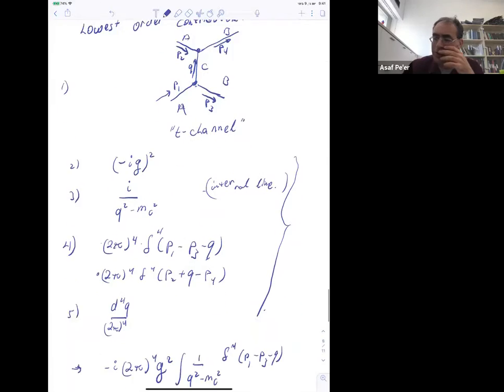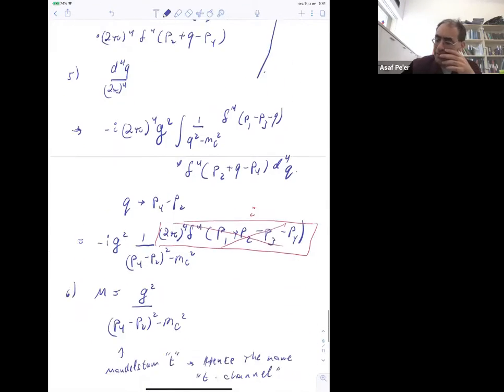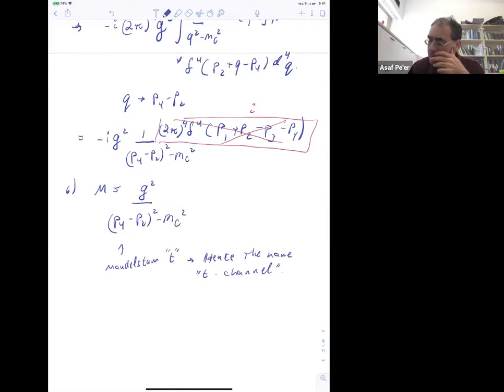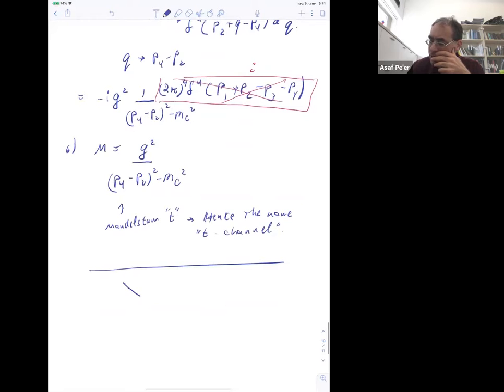The B particles are identical. So if the B particles are identical, then we also have the U channel.